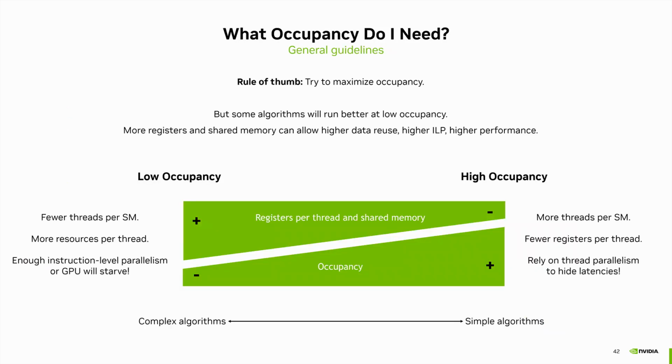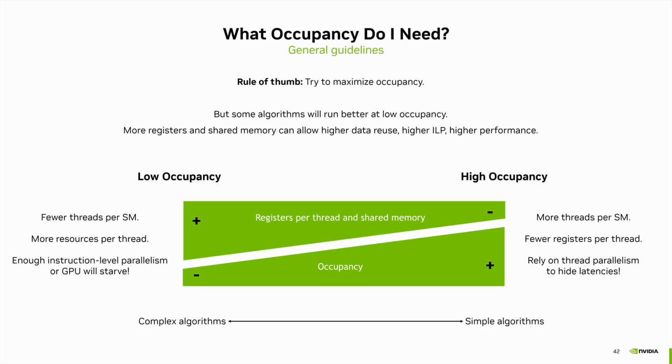So the question here might be, what occupancy do I actually need for my kernel? Should I always aim for 100%? The rule of thumb is that you should always try to maximize occupancy. However, not all algorithms are as simple as the vector update example I showed earlier.